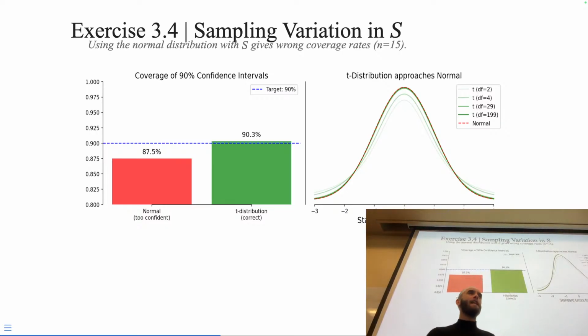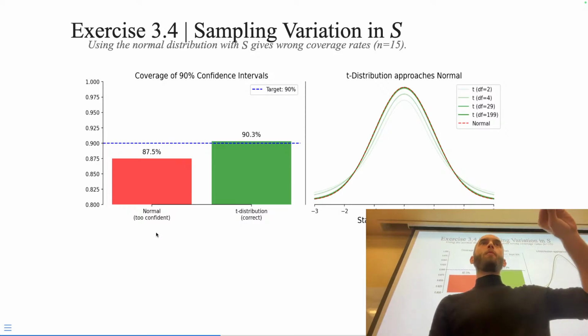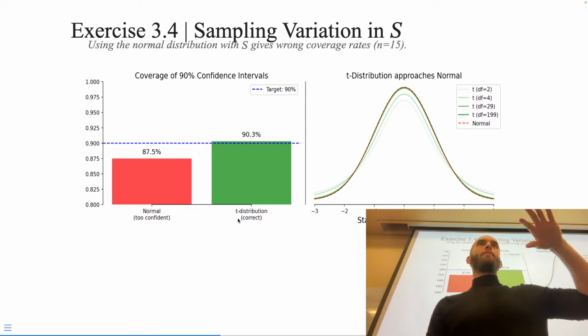But the t-distribution is a way of adjusting for this extra level of variability that comes from swapping sigma for S. This is the same set of samples, except instead of constructing the confidence intervals using the normal distribution with the sample standard error, which gives us a mistake, I use the sample standard error with the t-distribution.